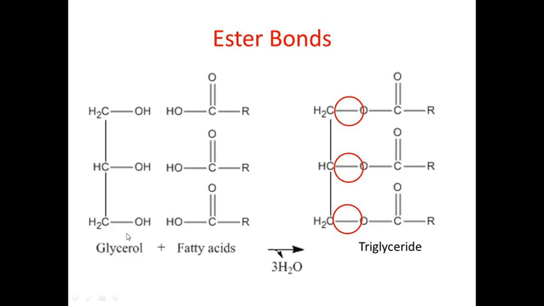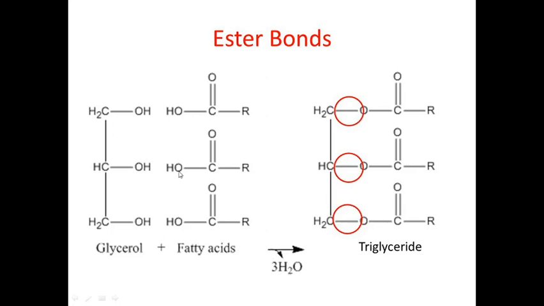So here glycerol is CH2OH, CHOH, CH2OH. When it combines with three fatty acid molecules, this is one fatty acid, this is the second, and this is the third. What happens? This OH and H are liberated here in the form of water, and likewise OH and H here in the form of water.